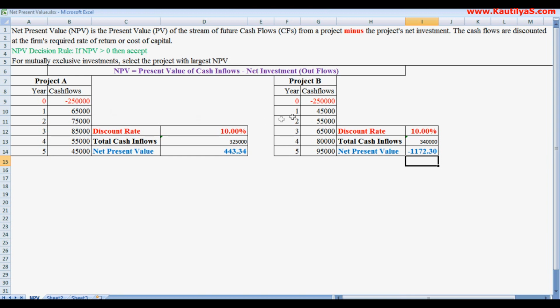The amount that we receive in the beginning years has more value than the amount that we receive at the end of the project duration. Because of this, even though project B has the maximum cash inflows, its net present value is negative.